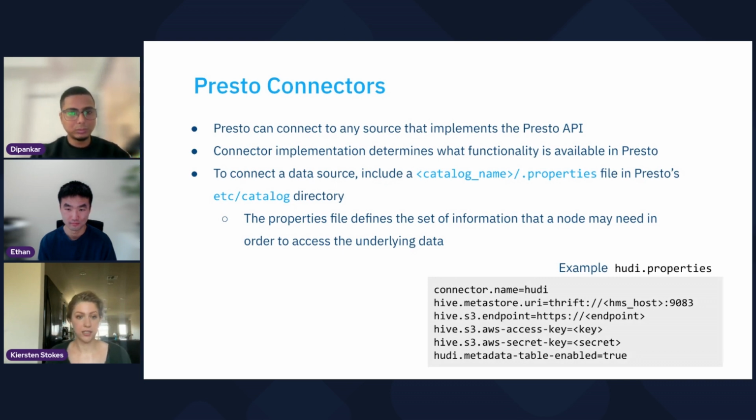And the Hudi connection works exactly the same way. Even though Hudi isn't providing the data itself, it is still going to act as the proxy in order to get to that underlying data source. So you really only need the single properties file. We have a simple example here where we're giving Presto all the information it needs in order to access Hudi and its features and the underlying data.